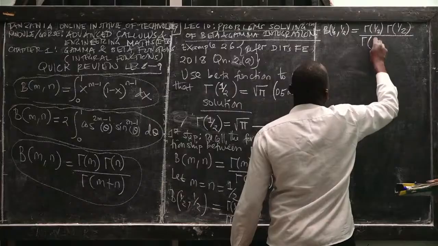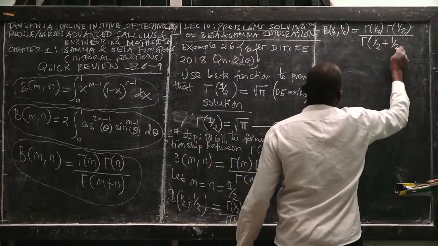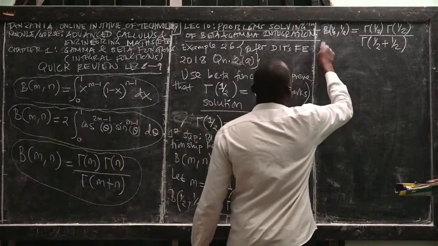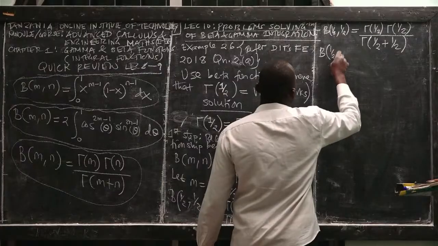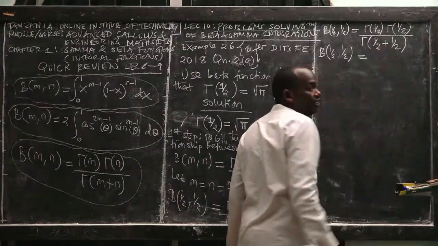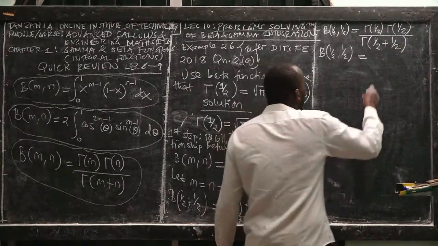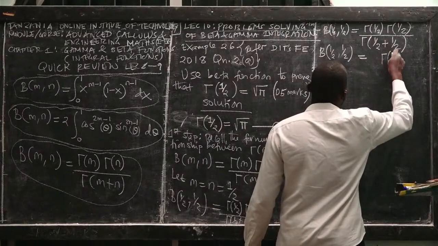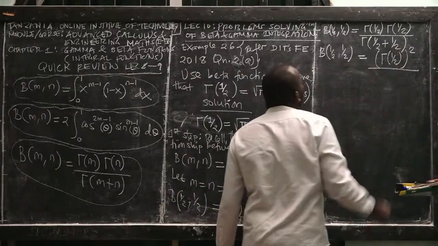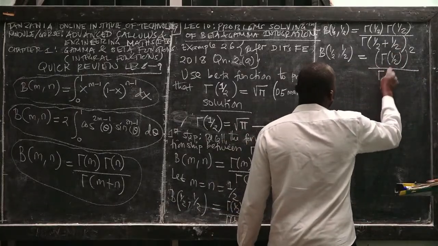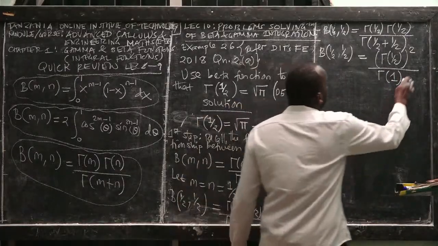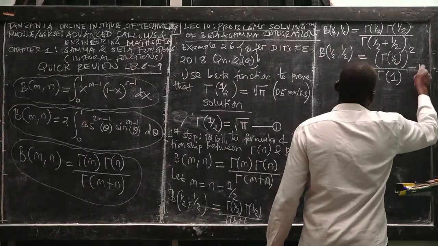So beta of a half, comma half, will be gamma a half square on top, and a half plus a half is 1, so over gamma of 1. This will be our equation 1.